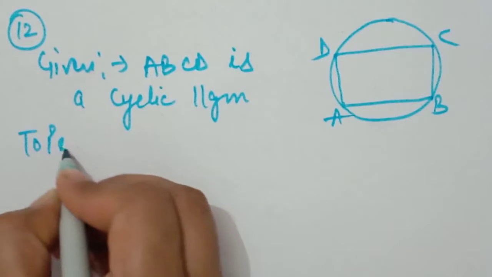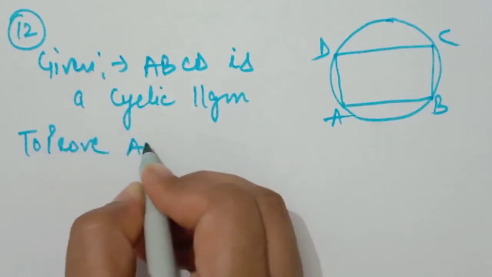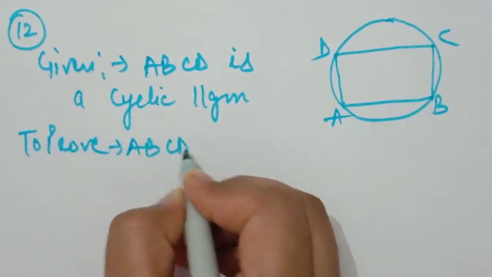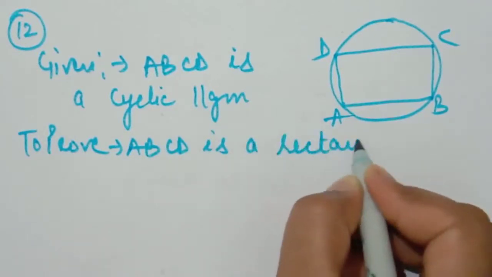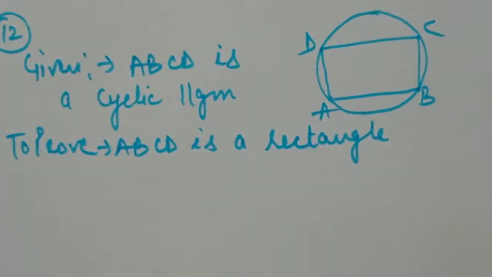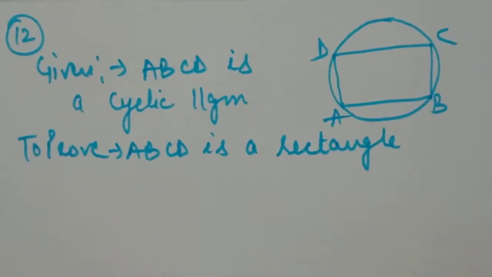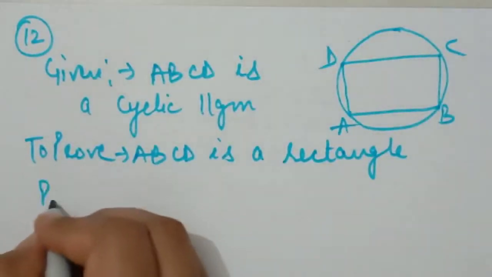To prove: ABCD is a rectangle. So students, proof.